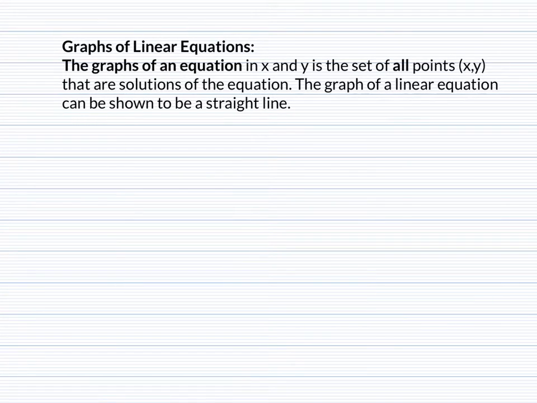So the definition up here is the graph of an equation in x and y is the set of all points x, comma, y that are solutions of the equation. The graph of a linear equation can be shown to be a straight line.